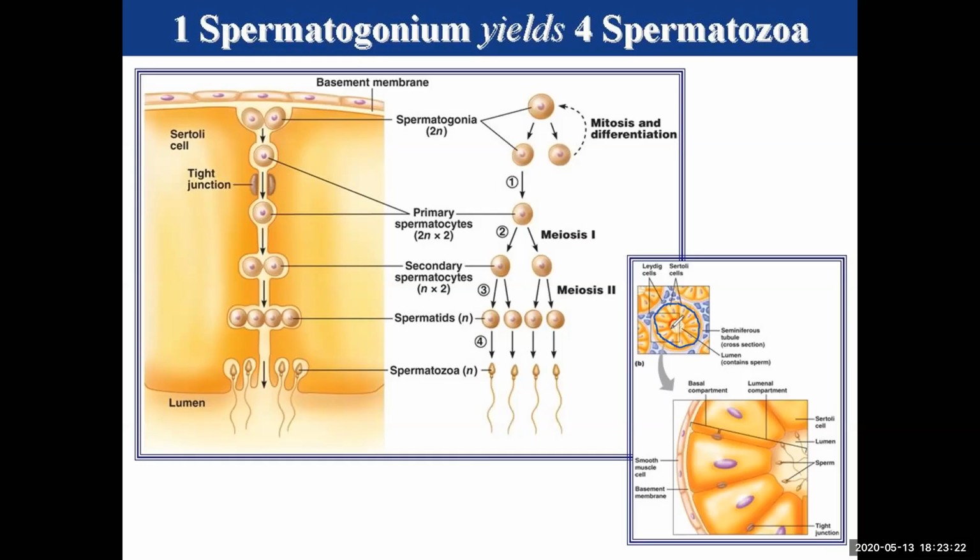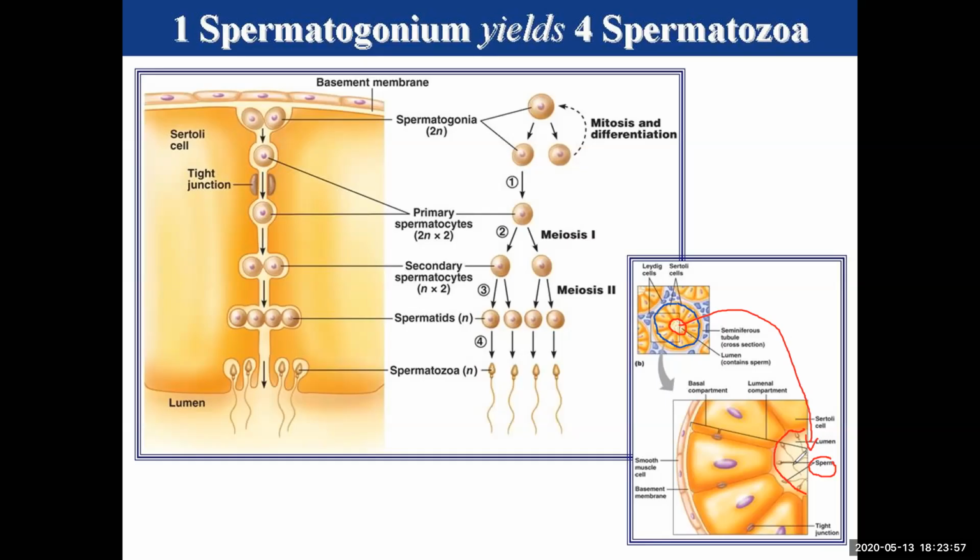Inside that red circle, it's an empty space that will receive the sperm, and that luminal side runs the entire long axis of the seminiferous tubule. This is the same red circle that I drew over here. The sperm are being released into that luminal side.